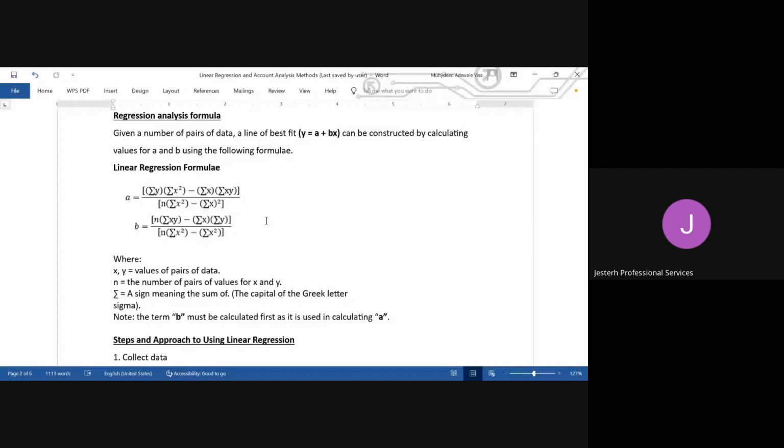If you find all this a little bit confusing, you still need to know the formula of a and the formula of b.